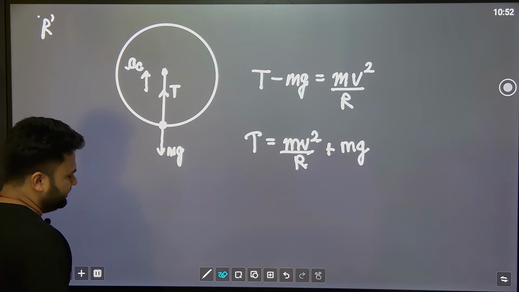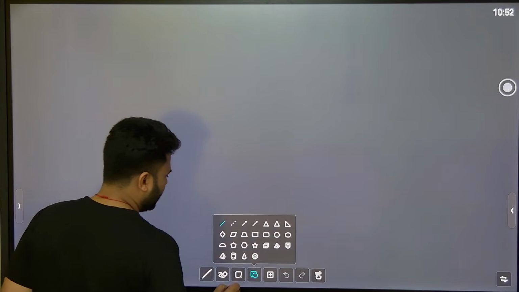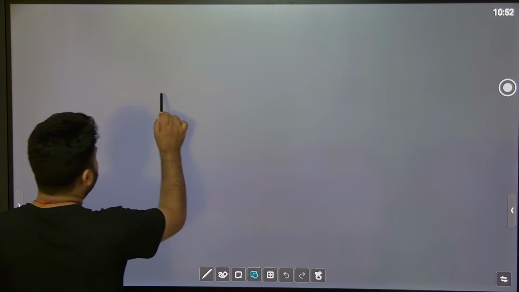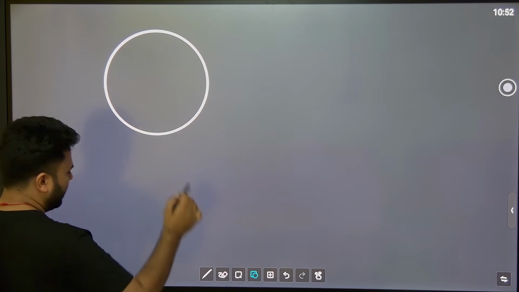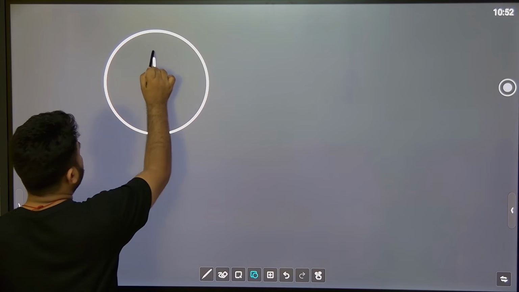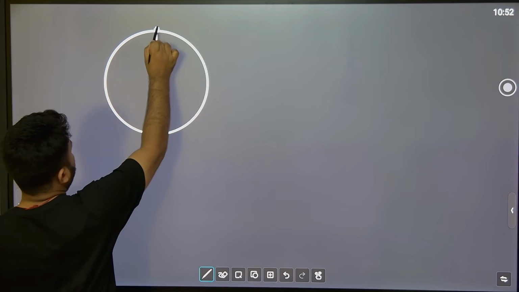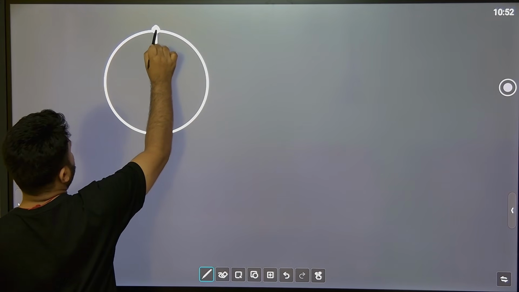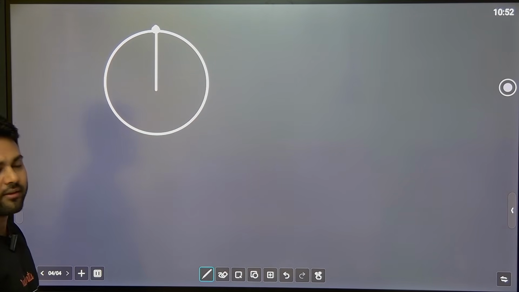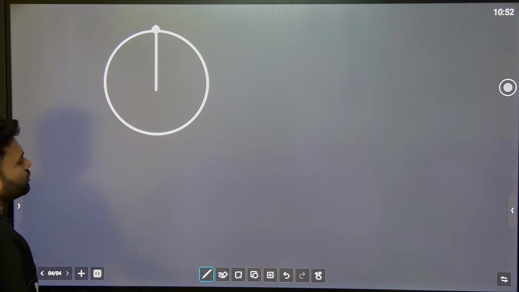Similarly, suppose I take a different location, for example here, where my ball is at this point, and now I want to write down the forces.